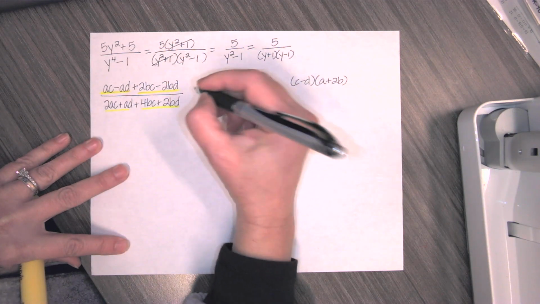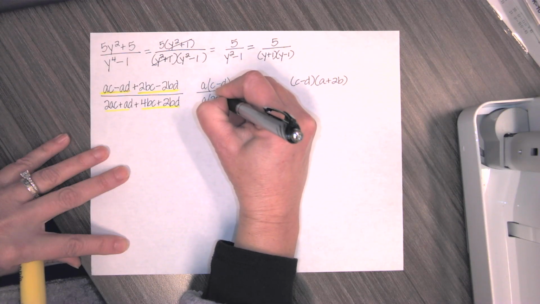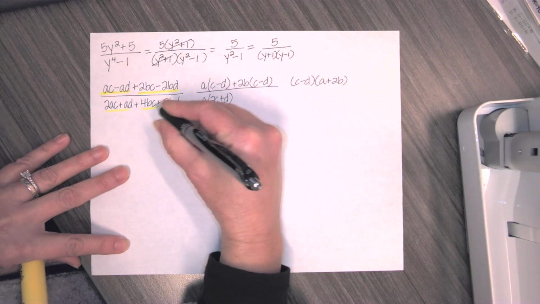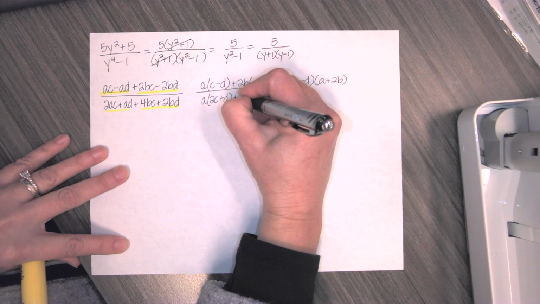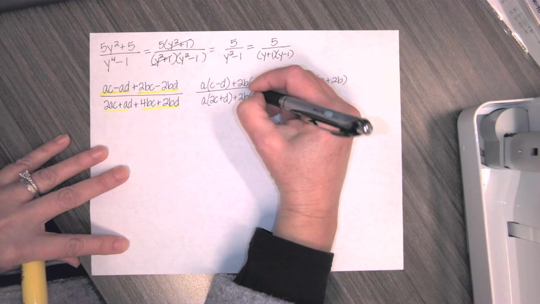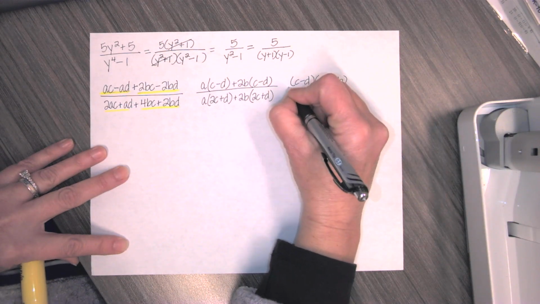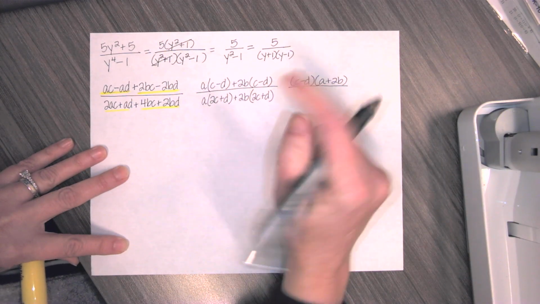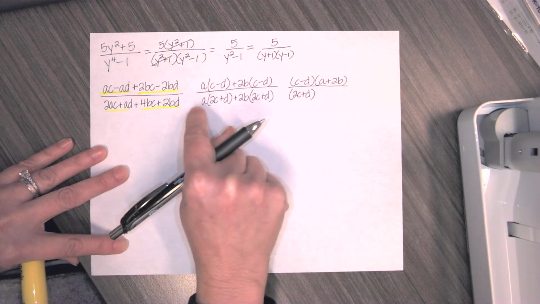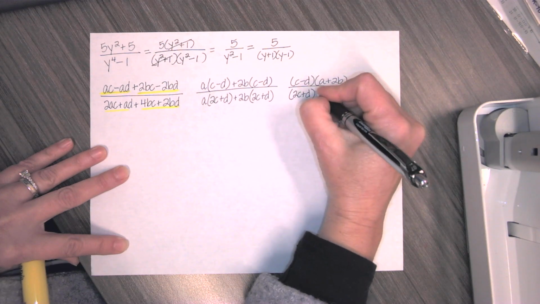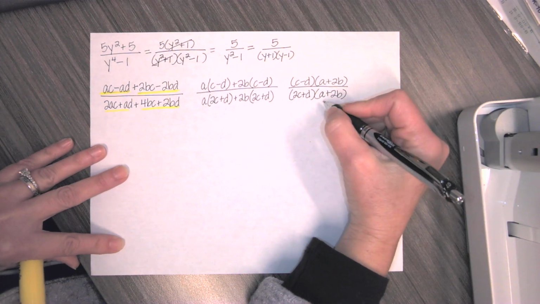It looks like they have an A in common, so I'm going to factor out an A. That's going to leave 2C plus D. On the second pair, I see that they have, let's see, a 2B in common, which is going to leave 2C plus D, which is good because I have this binomial that I can factor out, a 2C plus D, and it's going to leave me with A plus 2B, which is the fully factored form of the denominator.